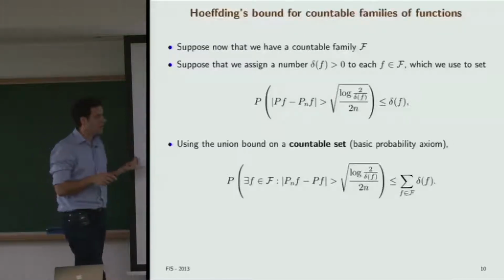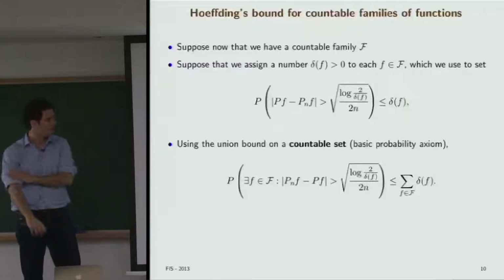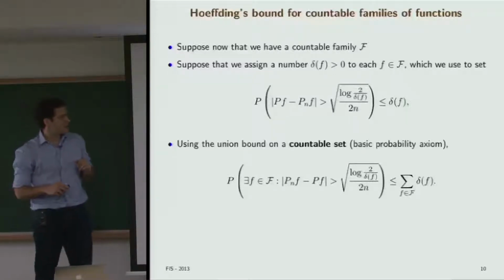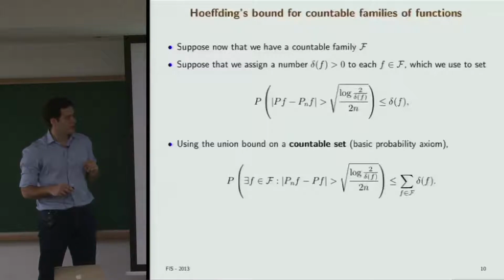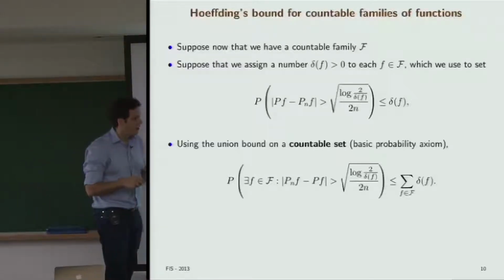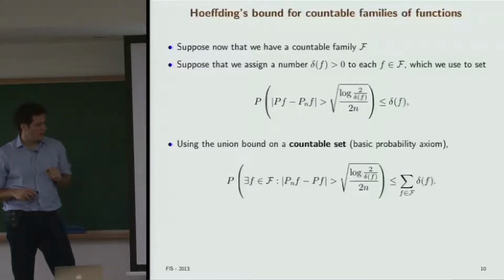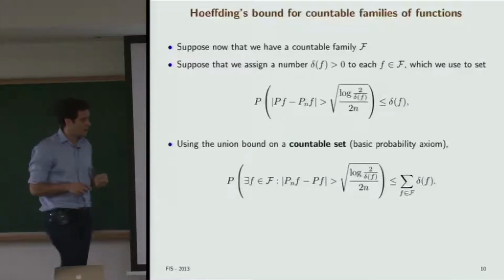So I have a countable family of functions f1 to f infinity. And suppose that we assign a number delta of f to each f, which we use to set, again, a Hoeffding type of bound. So this is Hoeffding's bound in the opposite direction.